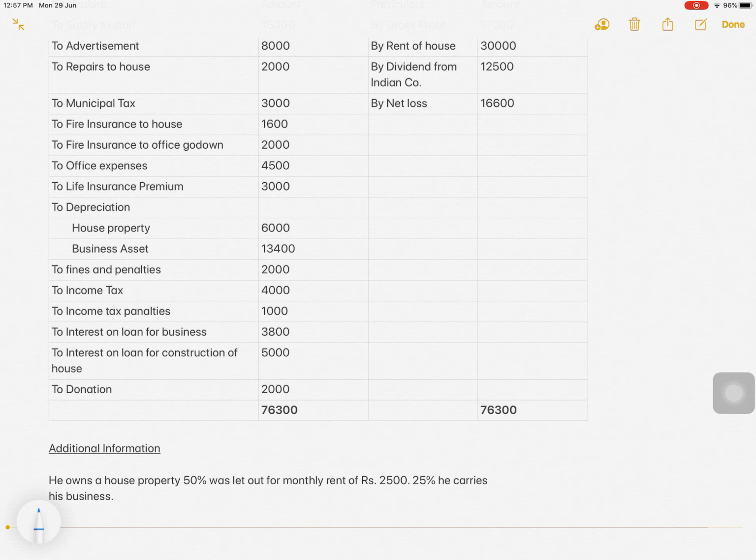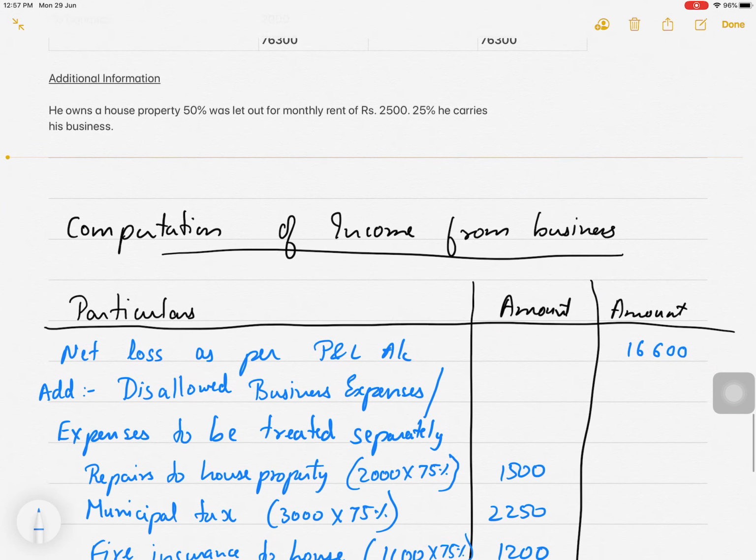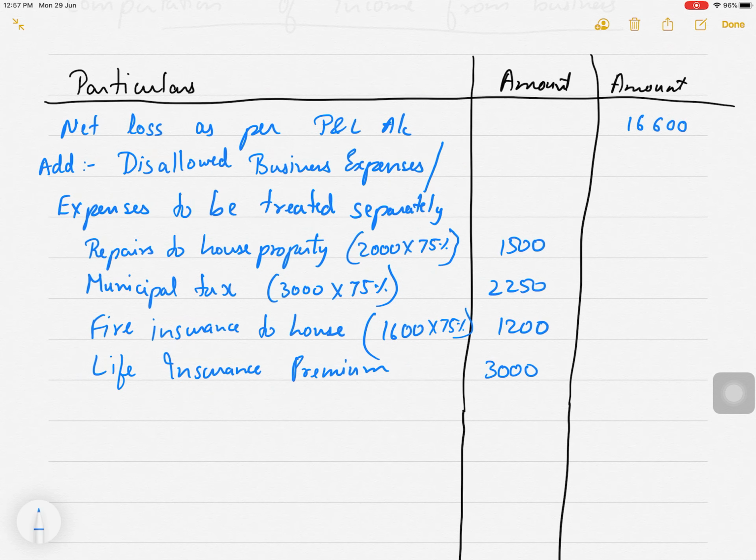Next, to depreciation on house property. Now, house property 25% is business property, so only 25% is allowed. The remaining 75% is disallowed. Business asset is allowed.